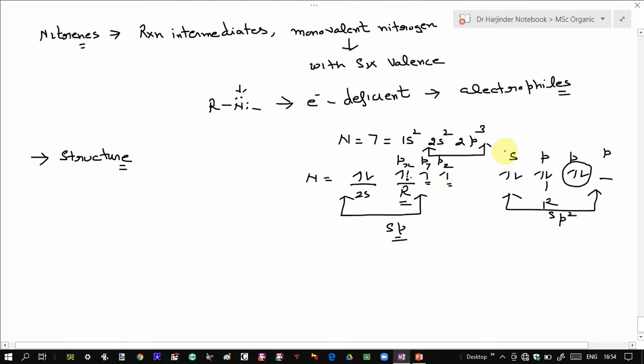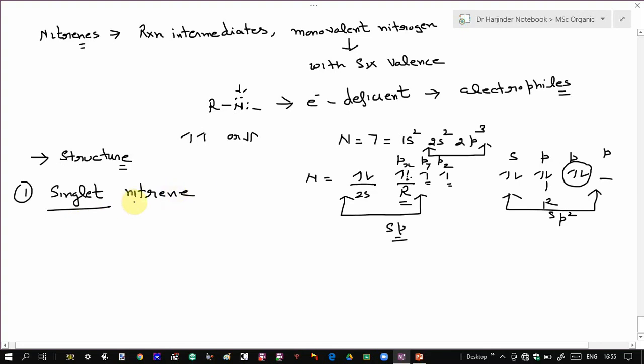Just like carbenes, depending upon the spin of these non-bonded electrons, whether they have a parallel spin or an anti-parallel spin, these nitrenes may be singlet nitrenes or triplet nitrenes. In case of singlet nitrene, their multiplicity is 1.